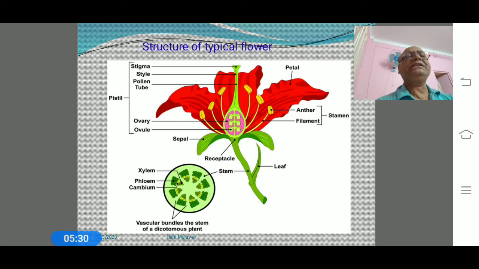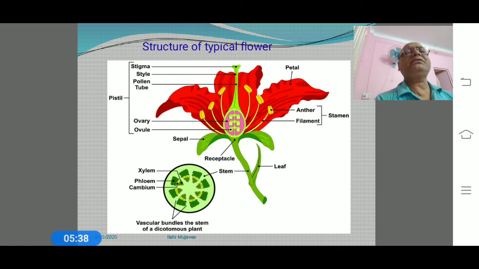The first whorl is the sepals, which are outermost, generally green in color, performing photosynthesis. In some cases, they are also modified for other functions. The second part is the petals. These petals are generally colored structures, but in some cases they are green.